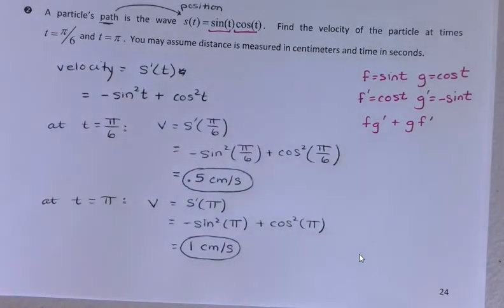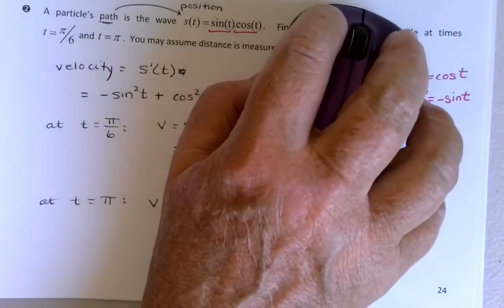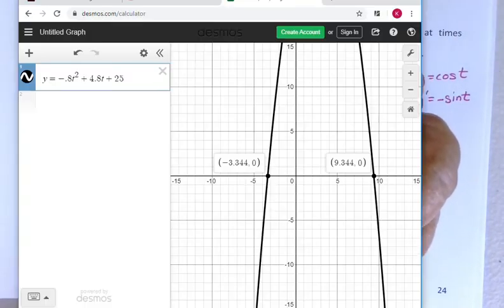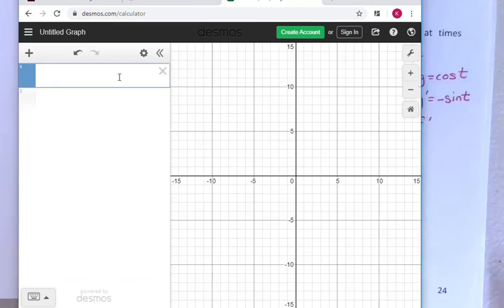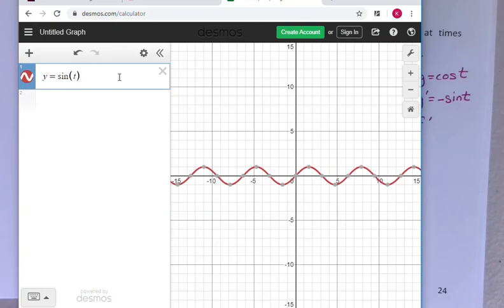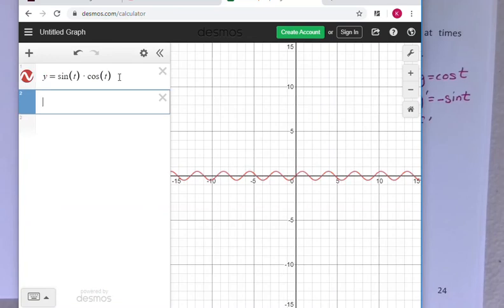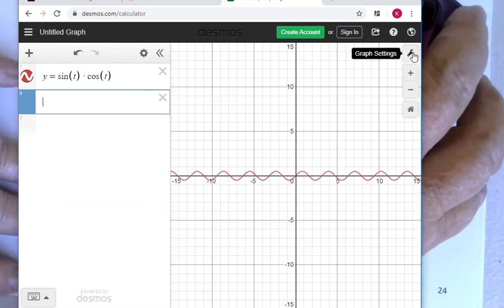Let's take a quick look at the graph of this function and talk about how these perhaps would make at least a little bit of sense based on those graphs. So I'm going to graph sine t, cosine t. And let's see, I don't really need such a large graph here.